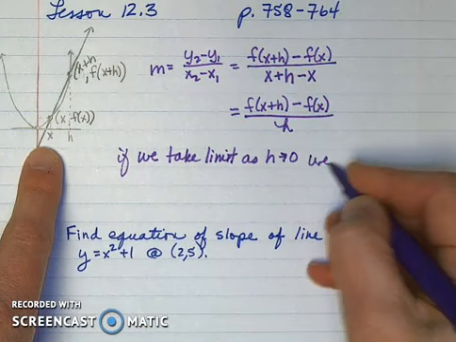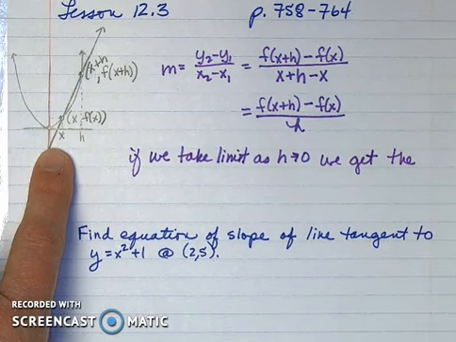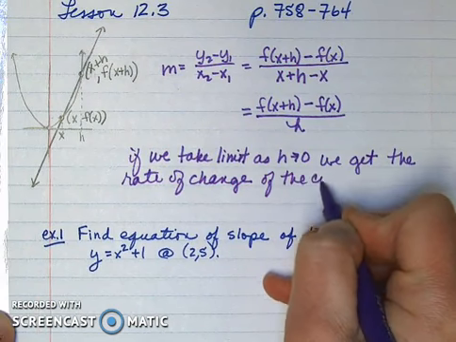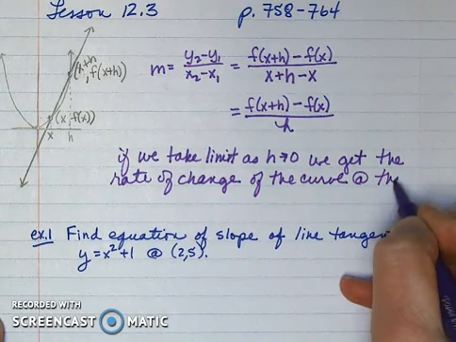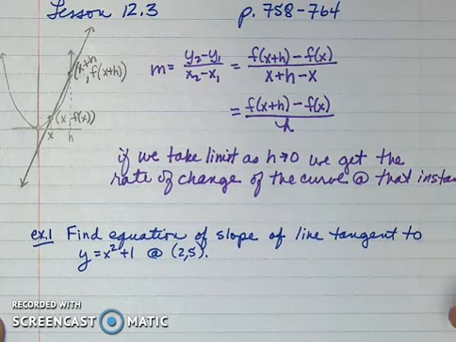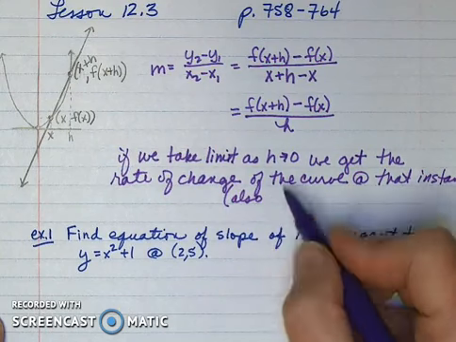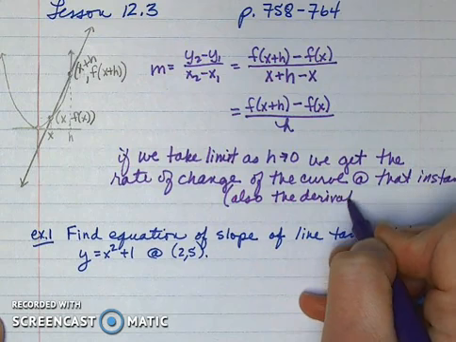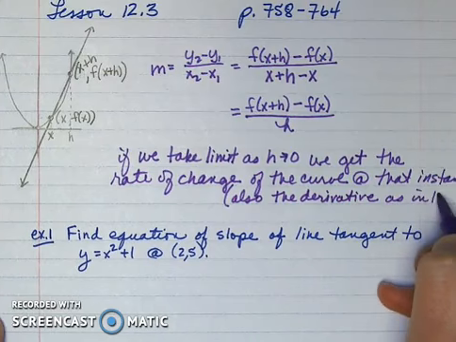So then we get the rate of change of the curve at that instant. Which we also call the derivative, right? Derivative, as in 12.4 that we just did.